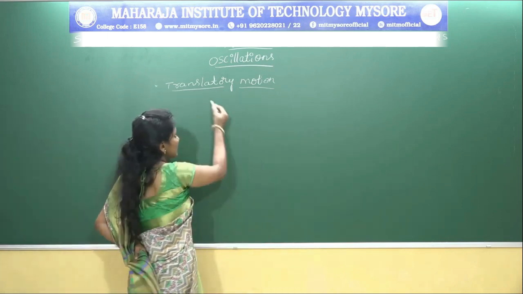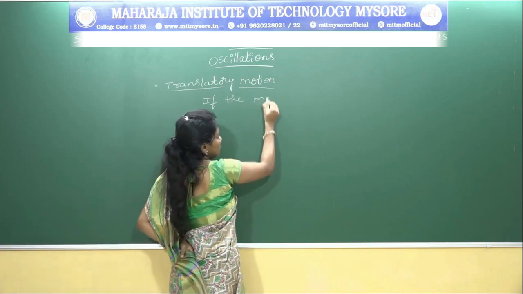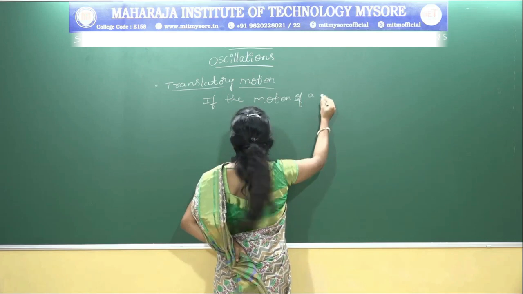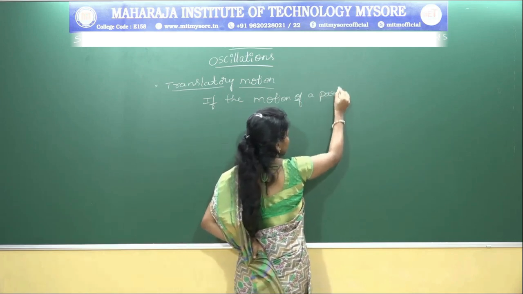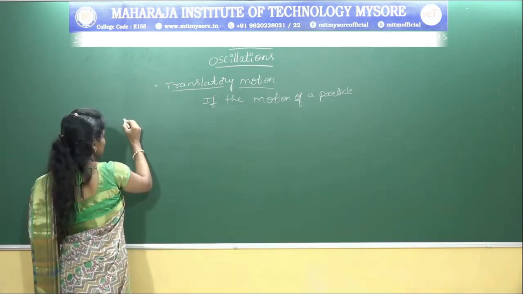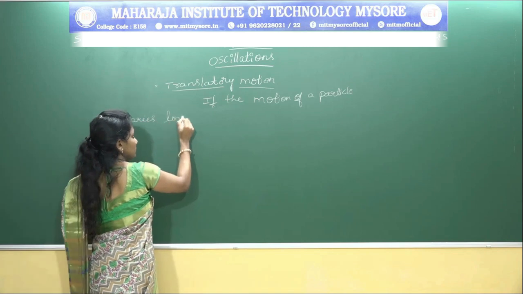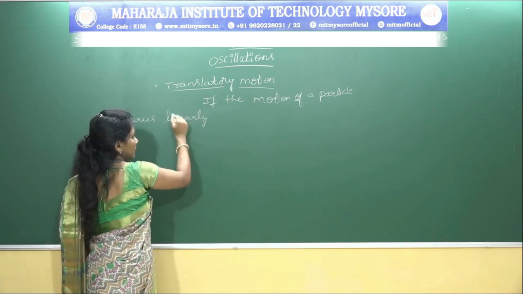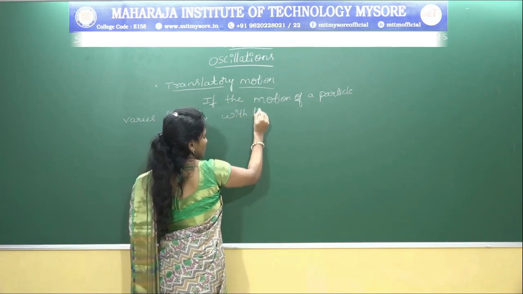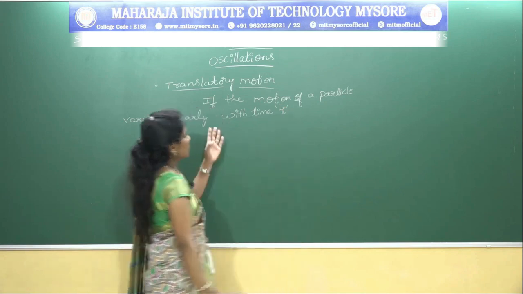So translatory motion means the motion of a particle varies linearly with the time t.